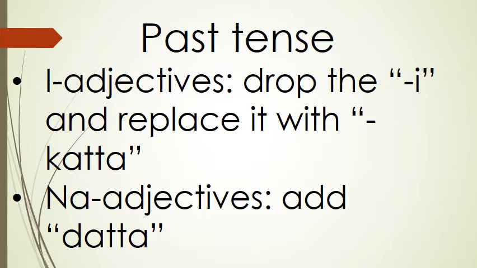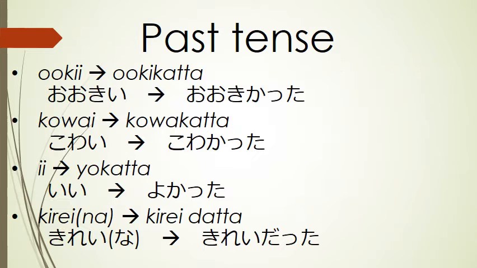To conjugate adjectives to the positive past tense, for i-adjectives, we drop the i from the end and replace it with katta. And for na-adjectives, we drop the na from the end and replace it with datta. So, ooki would become ookikatta. Kowai would become kowakatta.